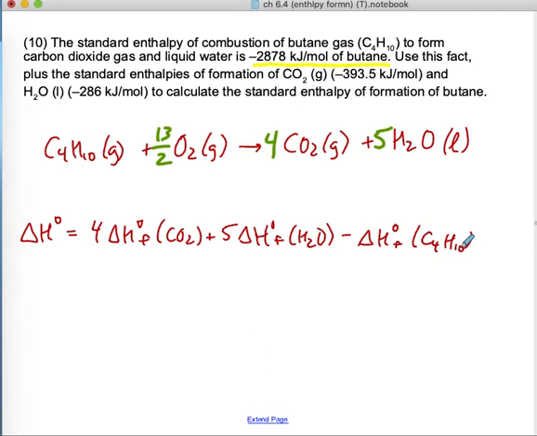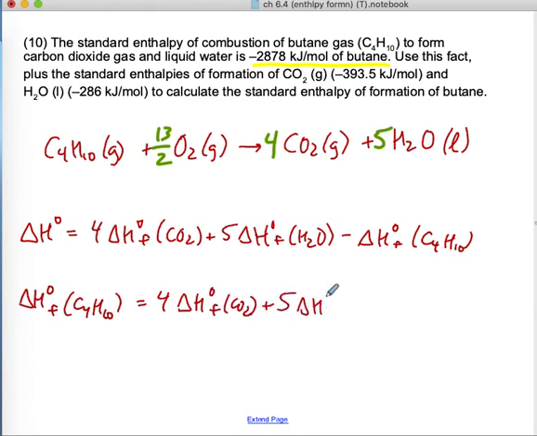So to rearrange that, I get the standard enthalpy of formation of butane equals 4 times the standard enthalpy of formation of carbon dioxide plus 5 times the standard enthalpy of formation of liquid water minus the standard enthalpy of combustion that we're given in the problem.